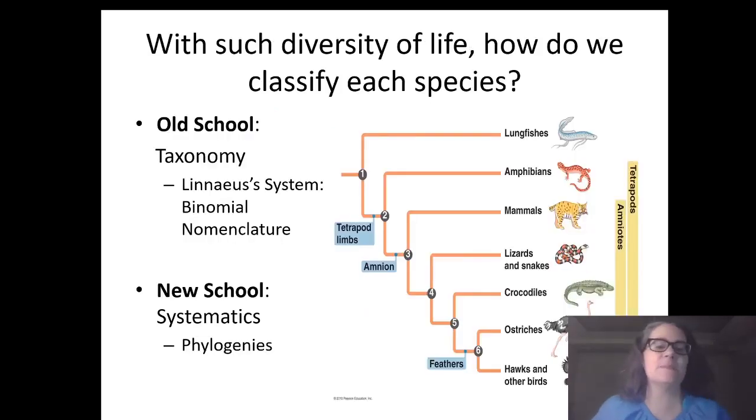Last thing I want to say about speciation is how scientists actually visualize and classify different species into groups. The old school system, starting in the 1700s, was a naming system, Carlo Linnaeus's binomial nomenclature.